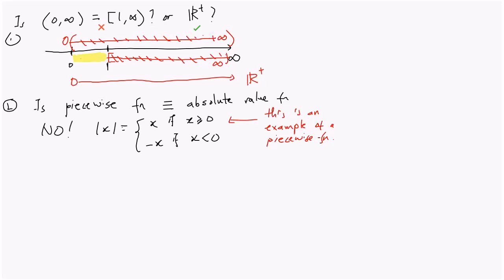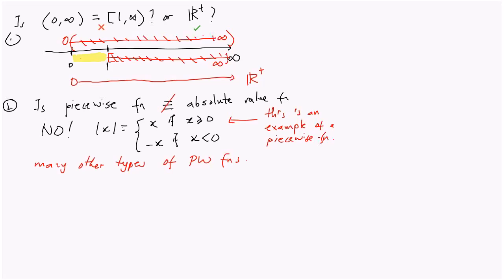So a piecewise function is not an absolute value function. The absolute value function is just an example. There are many other types of piecewise functions. Is that understood?